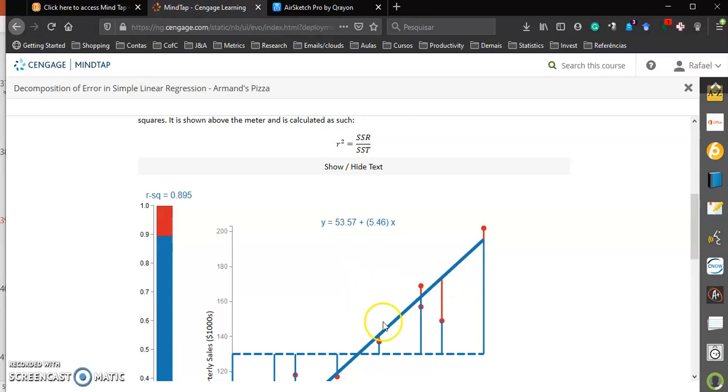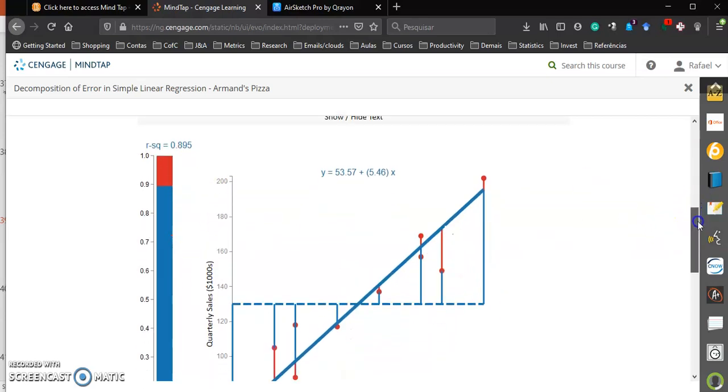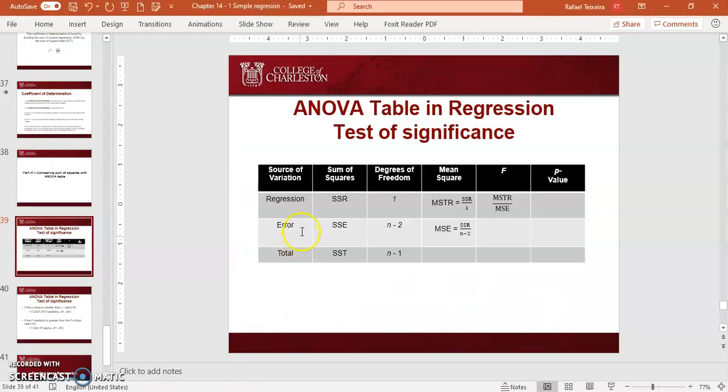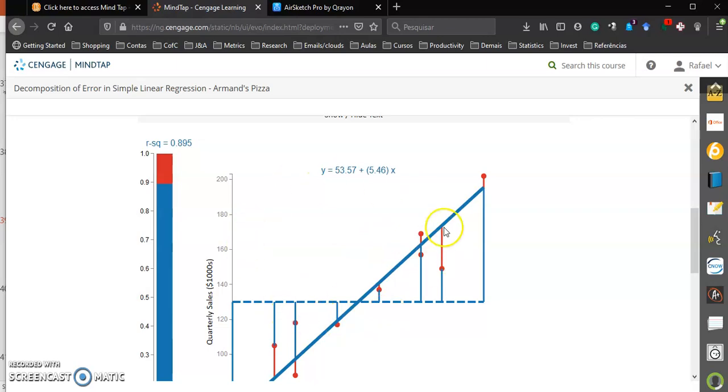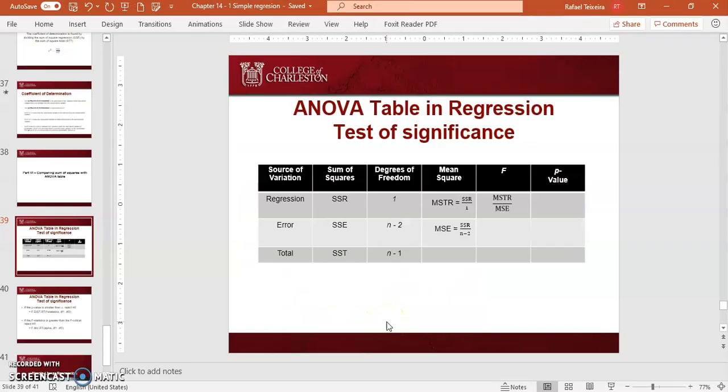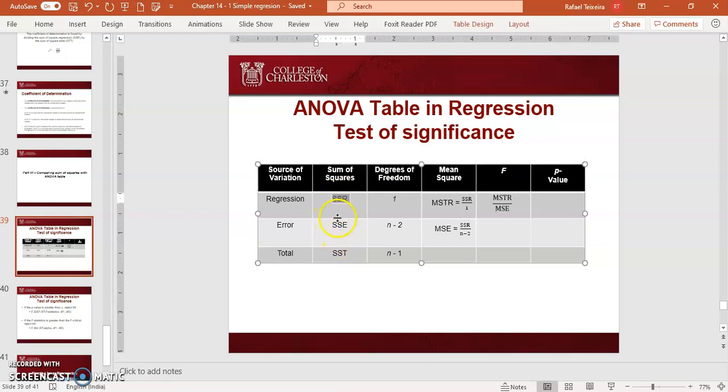The sum of squares and the coefficient of determination and now the Anova table are together. So the Anova table is a different way of looking at these same sources of variation. Okay, here we have source of variation, regression and error, blue and red. And then if we sum this, here we're going to have numbers. If we sum them, we have the total sum of squares.